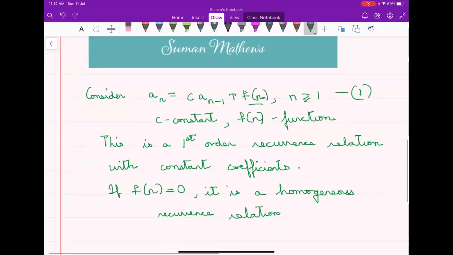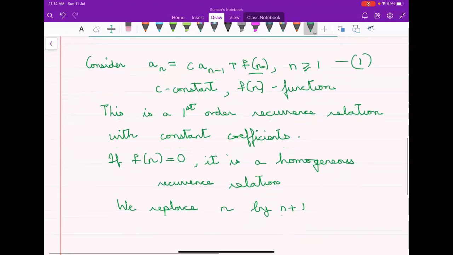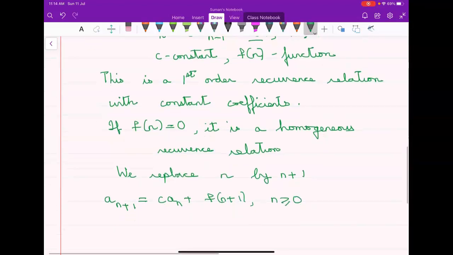And we replace in equation 1, we replace n by n plus 1. So if I replace n by n plus 1 in equation 1, what happens? I get a_(n+1) equal to c a_n plus f of n plus 1. And here you get n plus 1 greater than or equal to 1, so n greater than or equal to 0.